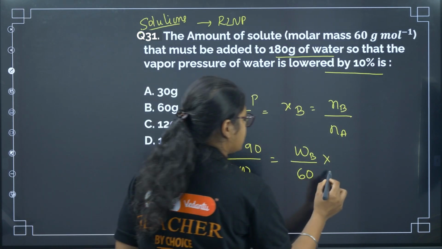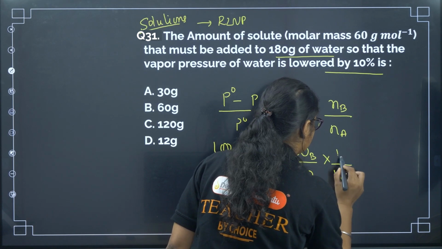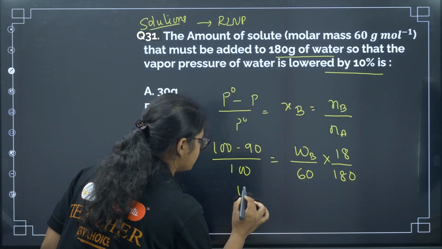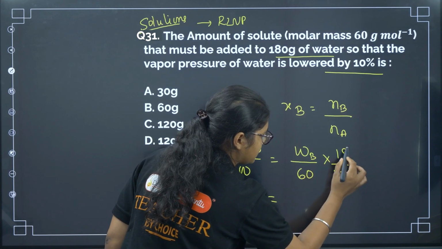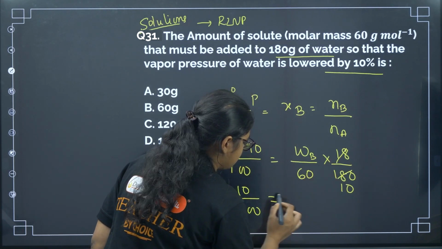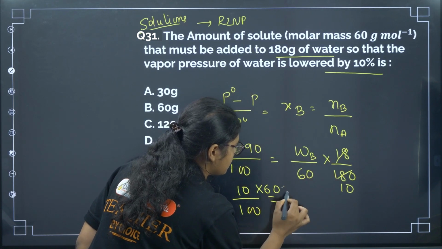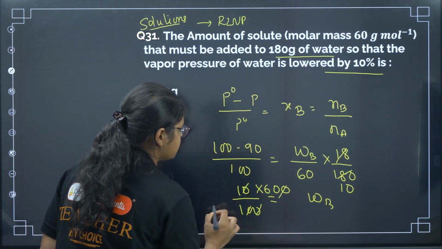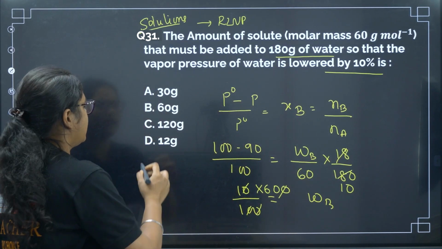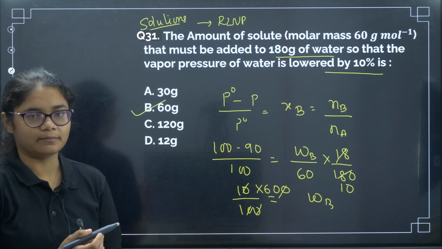So WA is 180 by 18. All easy numbers are there for your calculation. So 10 by 100, we can tell this as 1 by 10, is equal to WB by 600. If we solve this, the answer will be around 60. So the correct answer for this question is option number B.